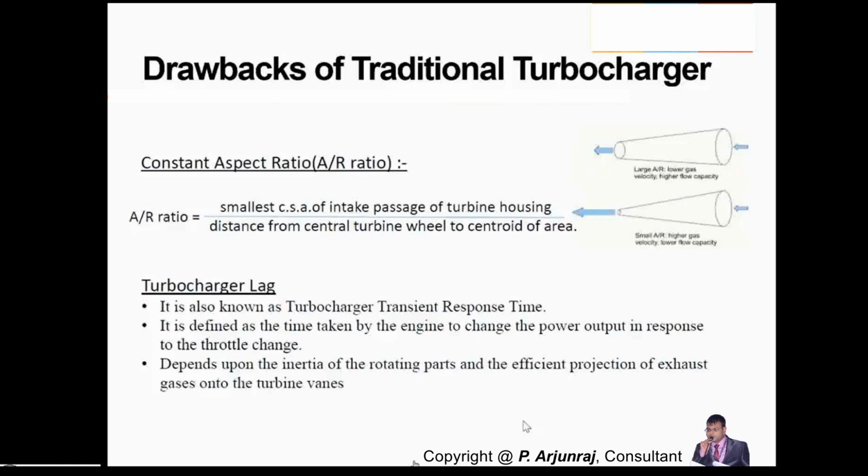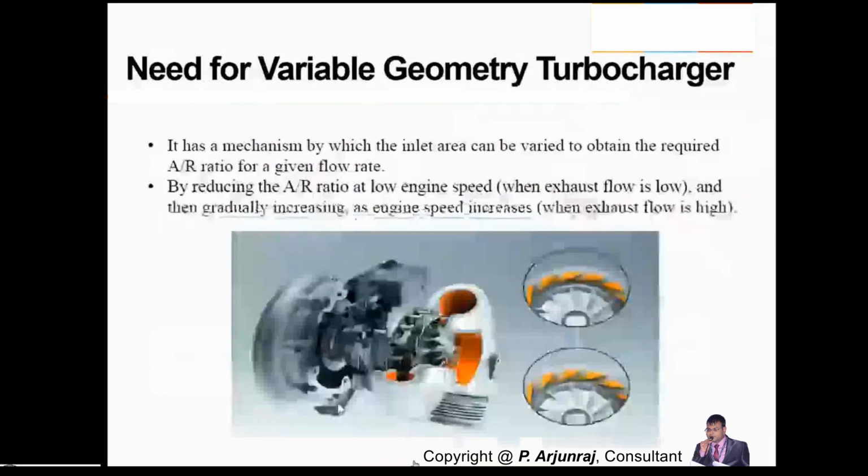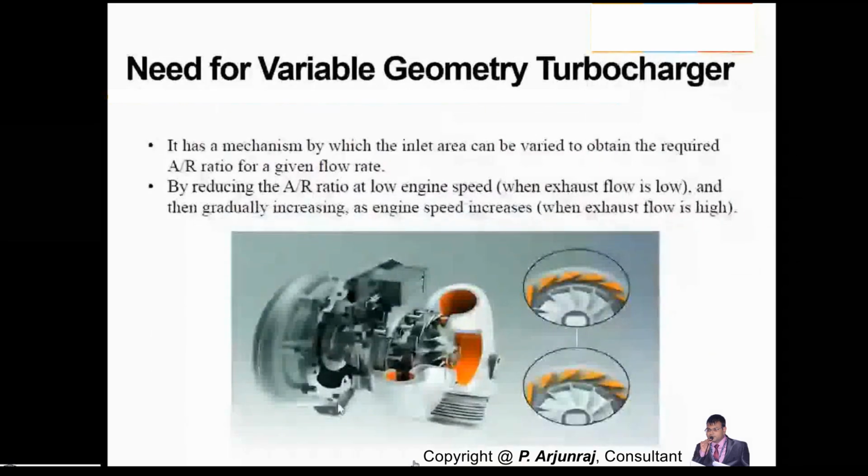Because of all these rotating parts, you develop inertia, which causes the turbo lag, and the efficient projection of exhaust gas also gets affected when it is passing to the turbine vanes. So these are the issues that we have, and the way to overcome this turbo lag is to go for a variable geometry turbocharger.